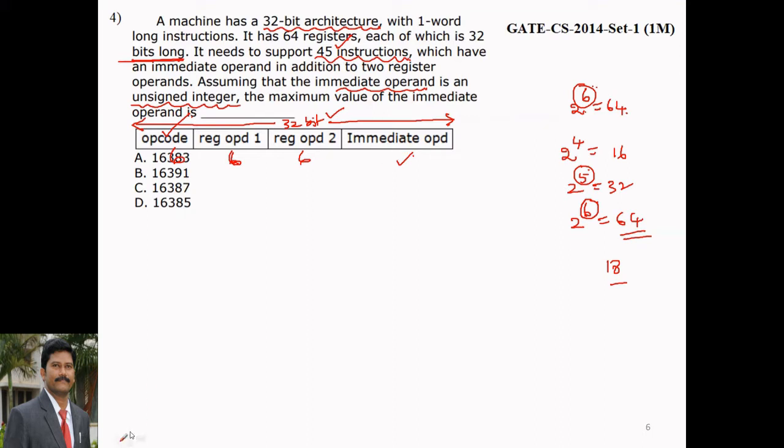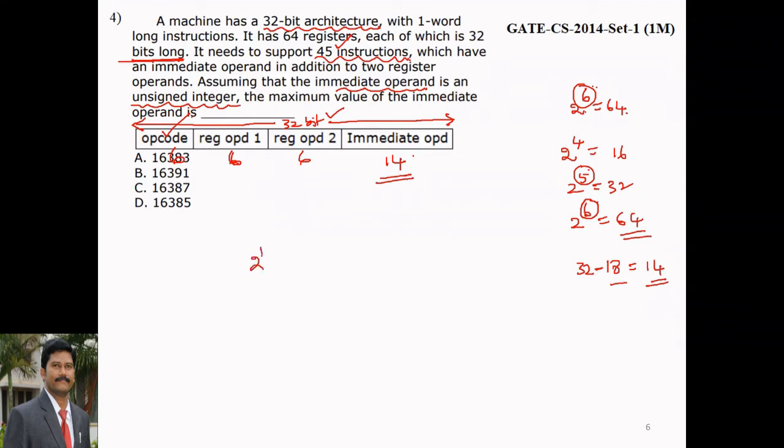Looking at this, how many bits are used? Total 18 out of 32. So 32 minus 18 equals 14 bits. 14 bits are left. Using these 14 bits, how much maximum value is asked?